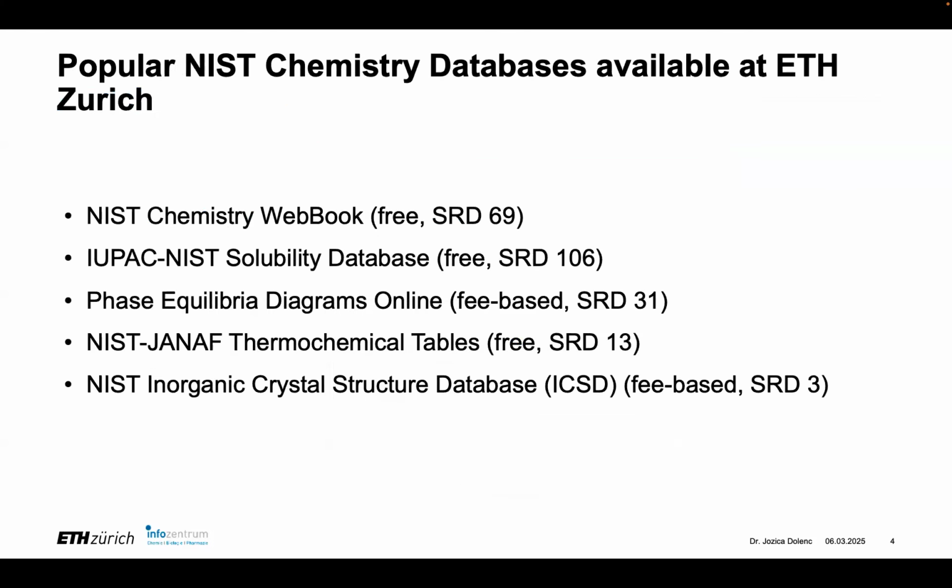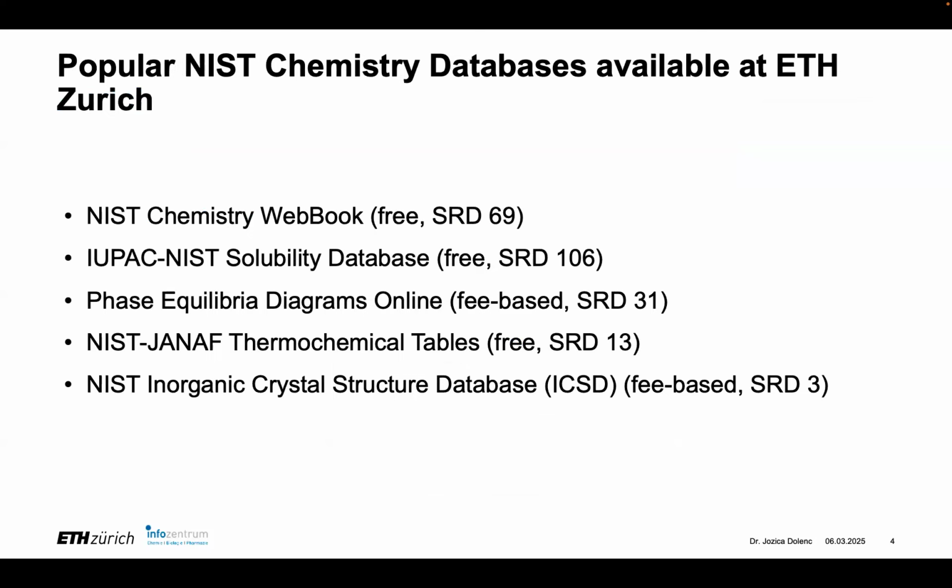Now, the most popular chemistry databases, which we are working with here in chemistry, are the NIST Chemistry WebBook and the IUPAC-NIST Solubility Database. Both of those two are free. And then there's Phase Equilibrium Diagrams Online, which is actually fee-based and is licensed by the ETH Library.